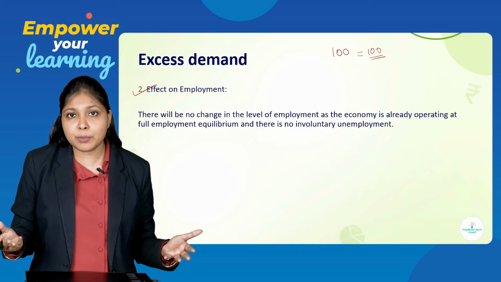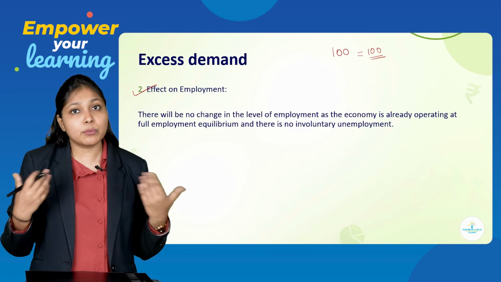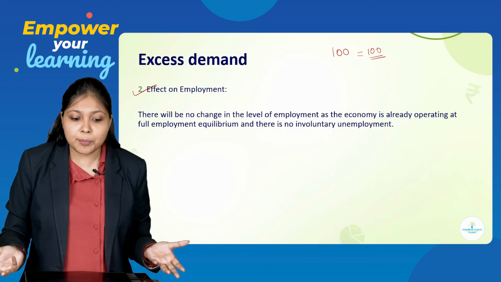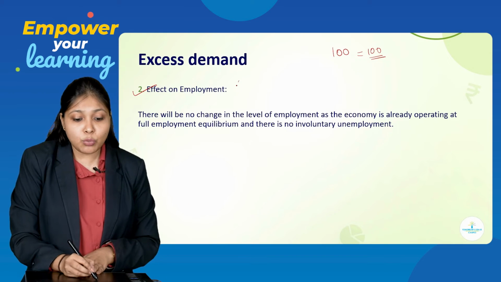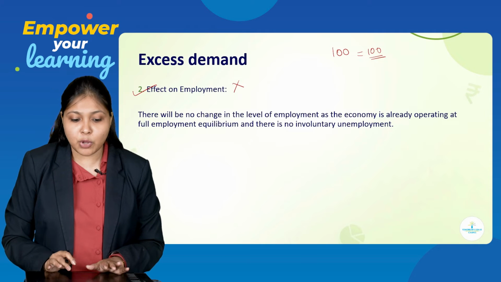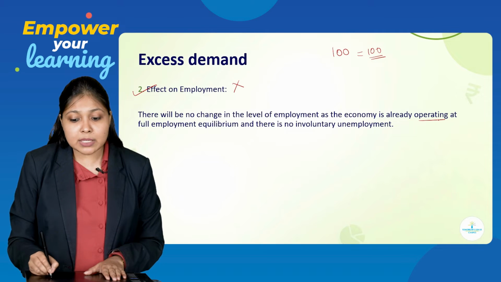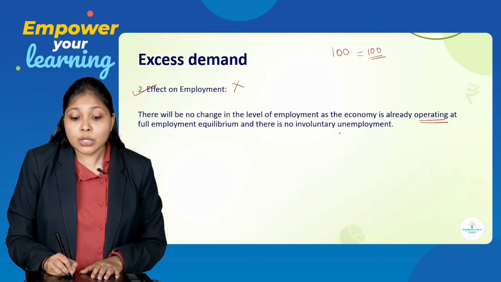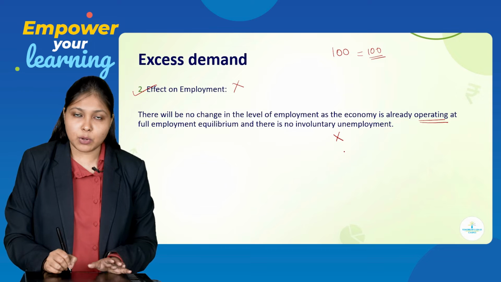This is what the full employment level is. So we cannot increase more people, we cannot increase more employment. So again, there will be no change in the employment level, as the economy is already operating at full employment equilibrium and there is no involuntary unemployment.